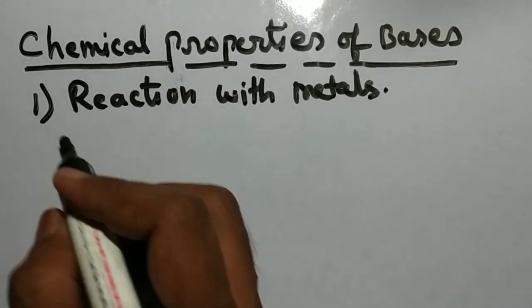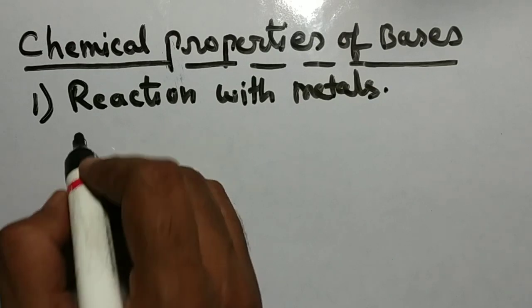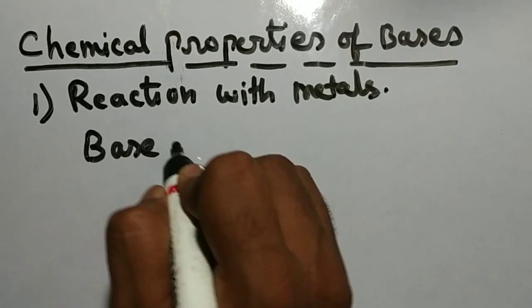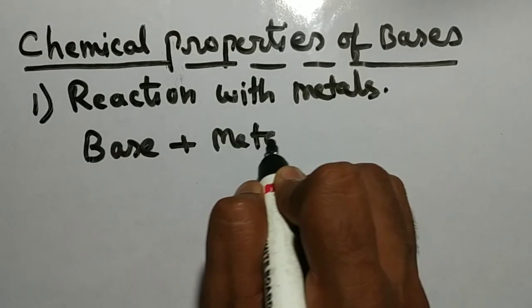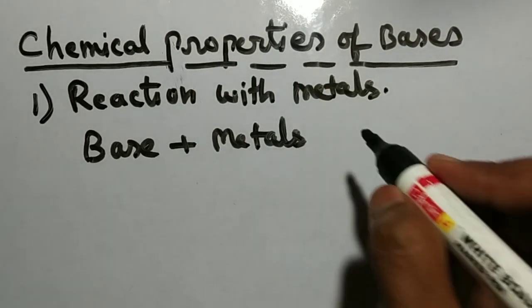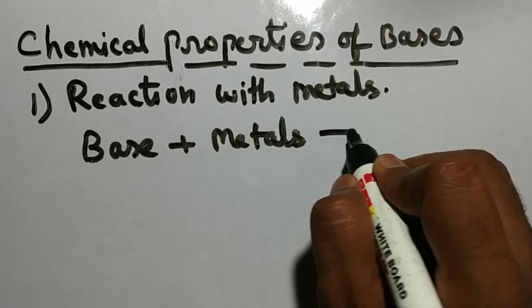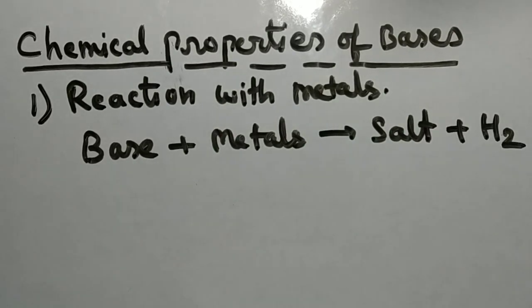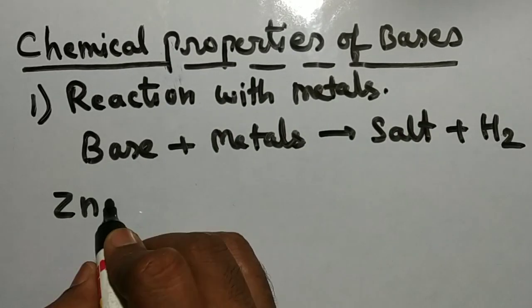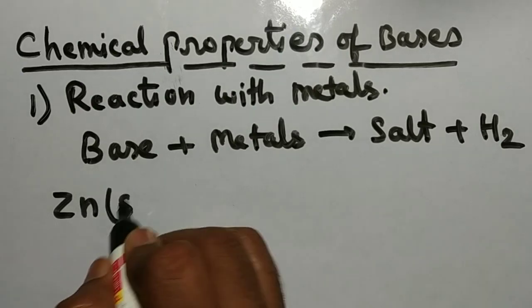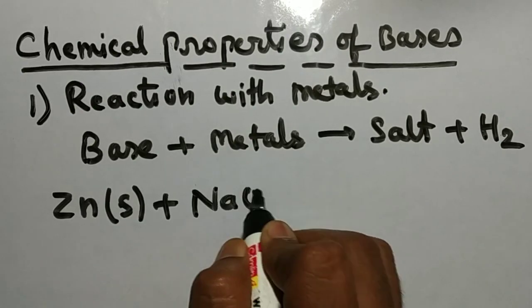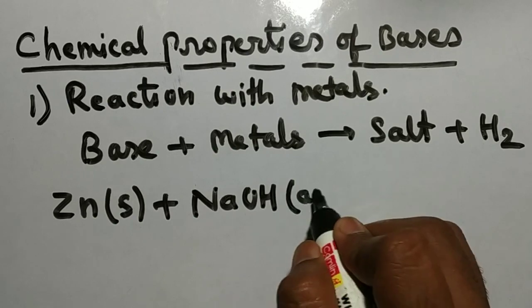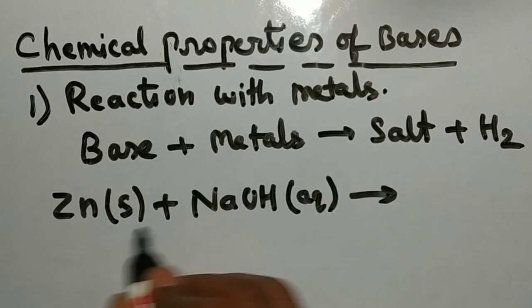If the base reacts with metals, generally some active metals are used for the reaction with the bases. They will produce salt as well as the evolution of hydrogen gas. For example, you must remember the example, zinc in the solid form, when it reacts with NaOH in the aqueous form, because then it itself will produce the OH minus ion.